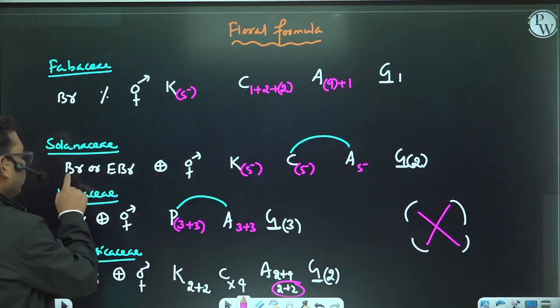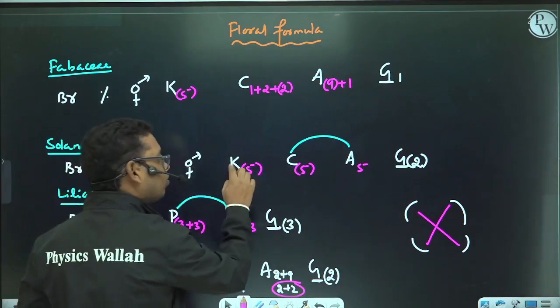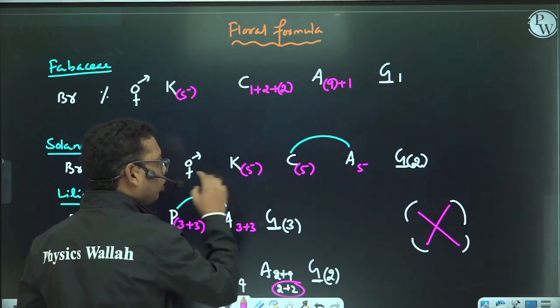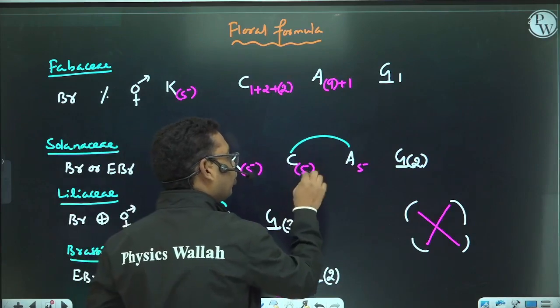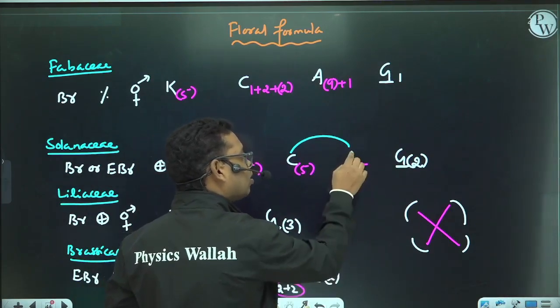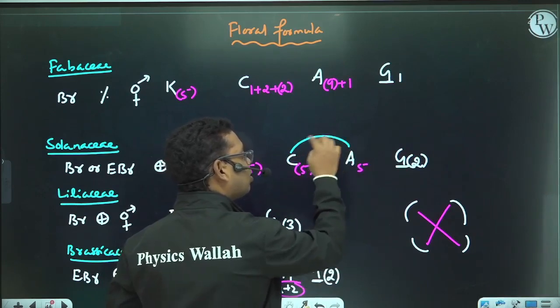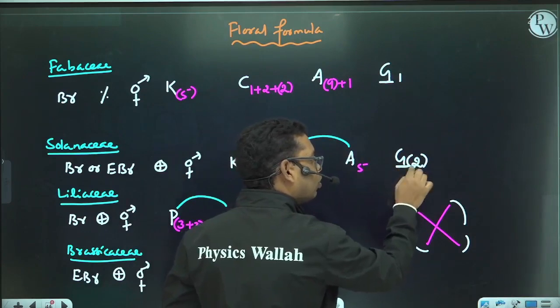Here bracteate or ebracteate, actinomorphic, bisexual, 5 sepals with gamosepalous condition. Okay, 5 petals with gamopetalous condition. Okay, 5 stamens, and the stamens are fused with the petals, so this is epipetalous condition. Bicarpellary syncarpous condition with superior ovary.